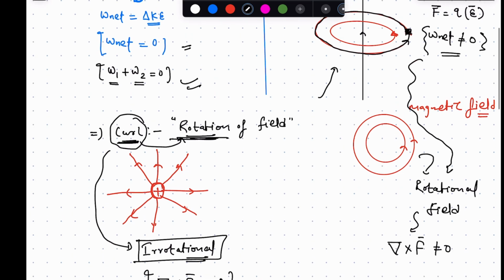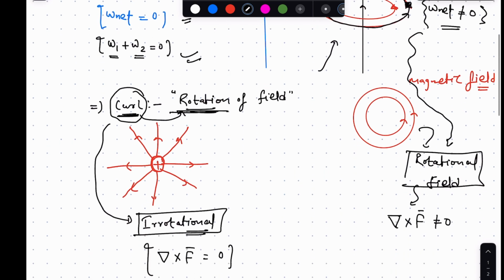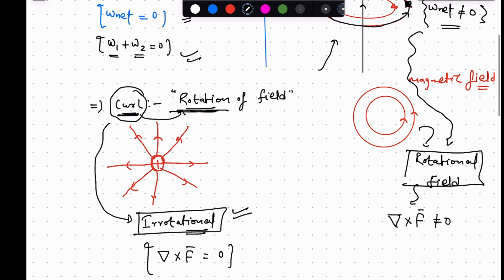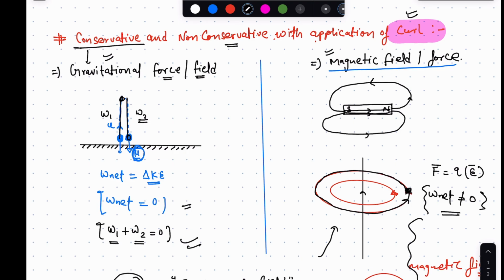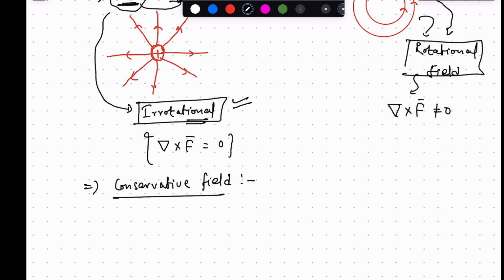So what I can say is that rotational fields are basically non-conservative fields, and irrotational fields are basically conservative fields. So mathematically, if there is a field which is a conservative field, or a force which is a conservative force, then the curl of that force will be equal to 0, del cross F. This is how we write it, and that will be equal to 0.